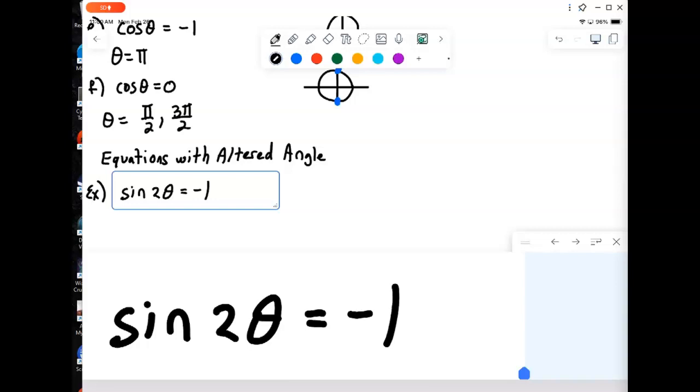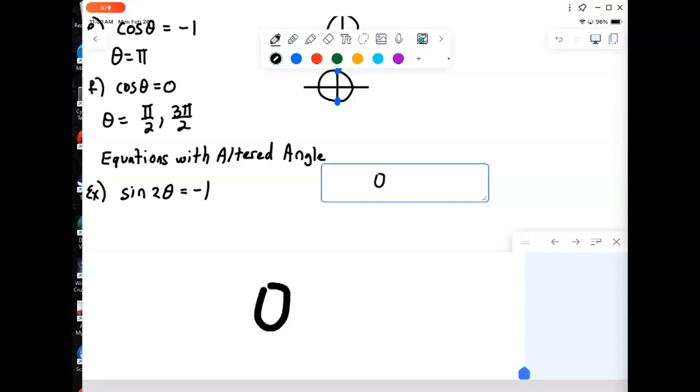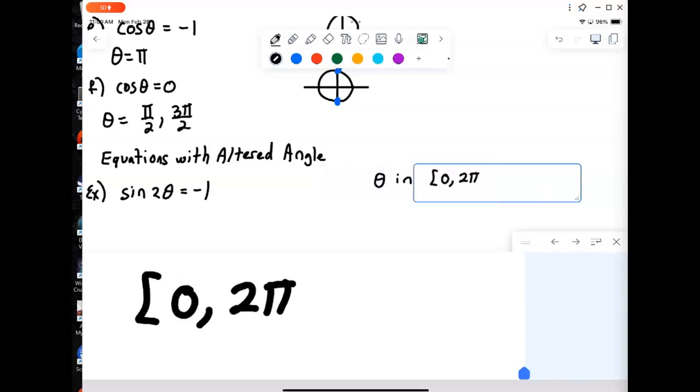So here's how we approach this problem. First things first, the original problem is always looking for theta in the interval from 0 to 2 pi.